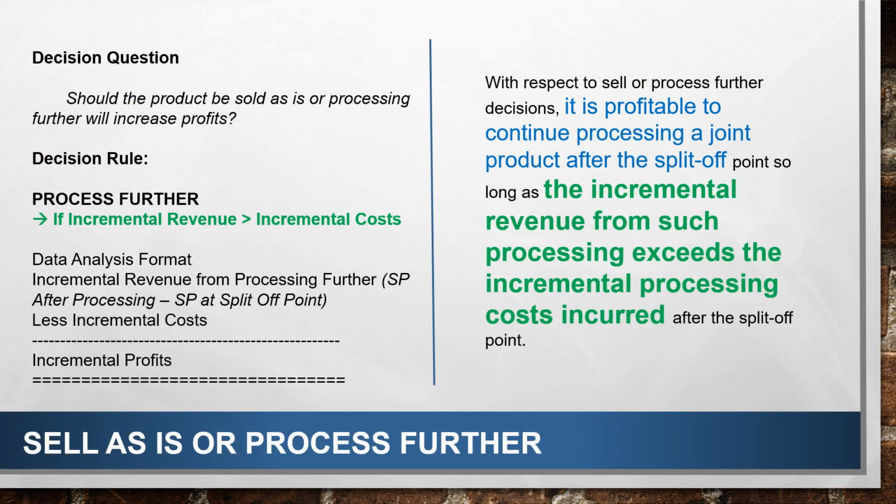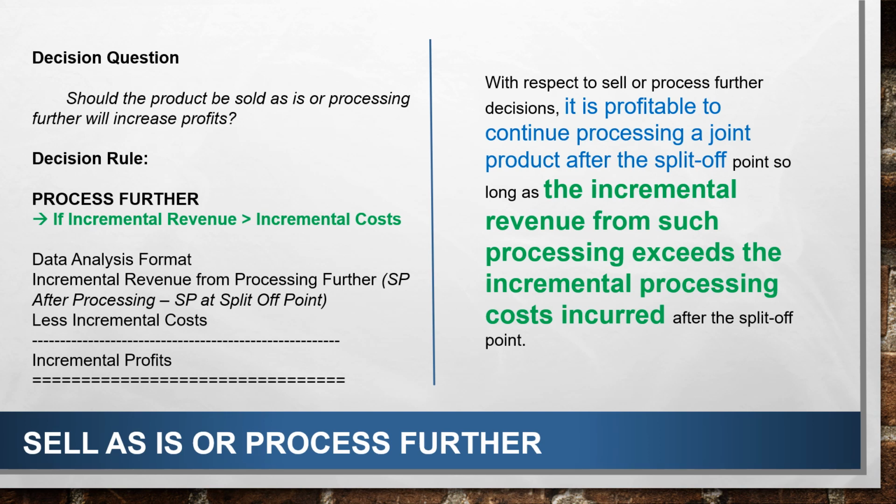Okay, so for our first decision situation this lecture, we will discuss sell as is or process further. From the term sell as is, we are referring here to joint products which can be further subjected to further processing.